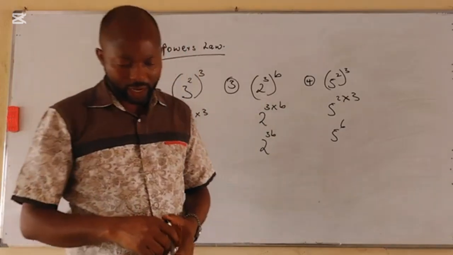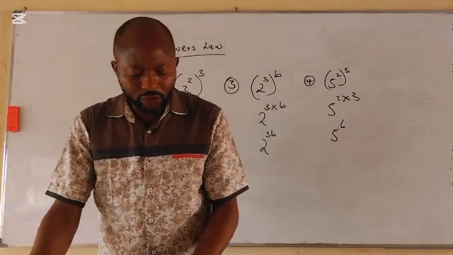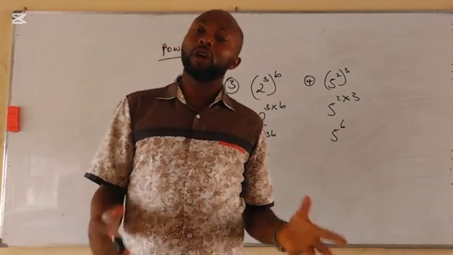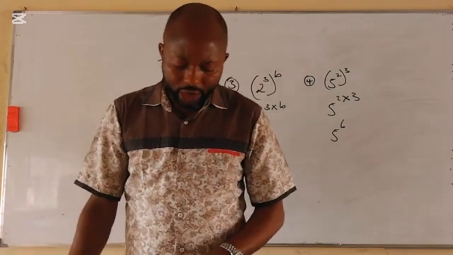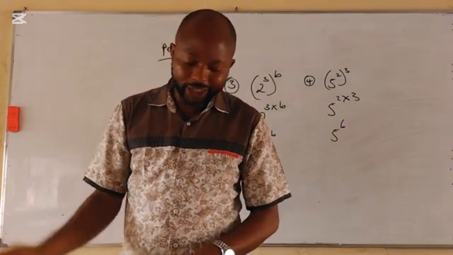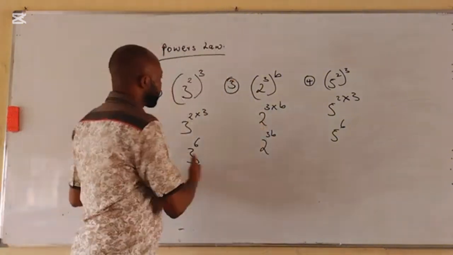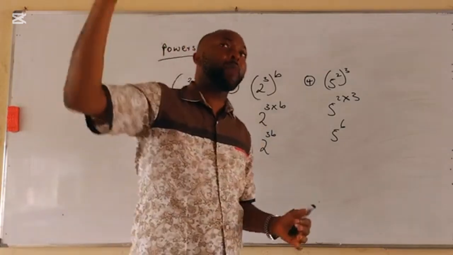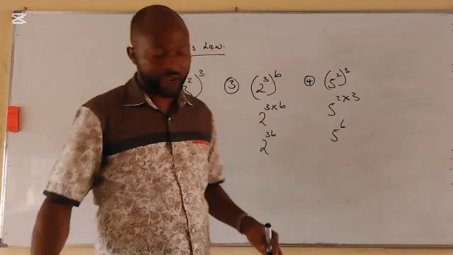Let's look at another law, the product power law. When the product of different factors, perhaps in a bracket, is raised to a certain power, the power is distributed over each factor in the bracket. So when the product of different factors in the bracket is raised to a certain power, that power is distributed evenly to all the variables in the bracket.